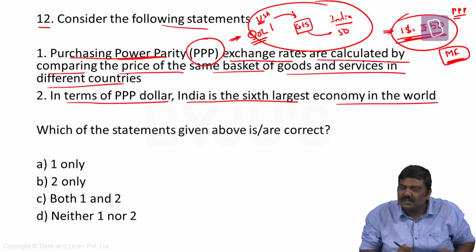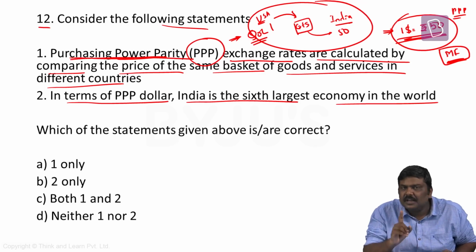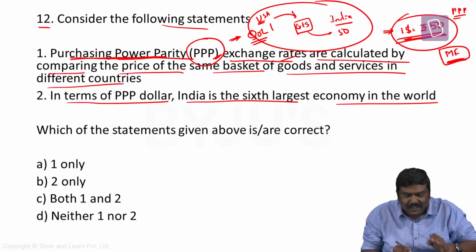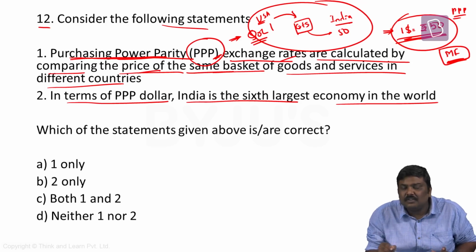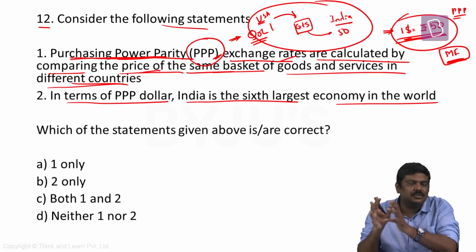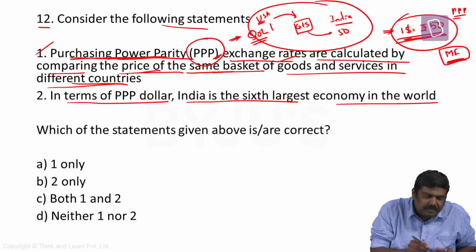Based on this discussion, yes, the first statement is correct. Purchasing power parity exchange rates are calculated by taking the price of a basket of goods and services across different countries, and this basket is the same across all these countries. First statement is correct.